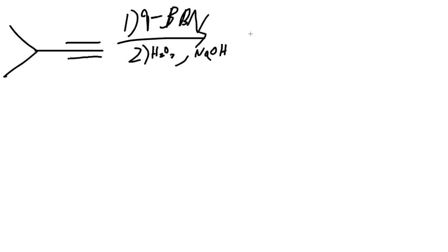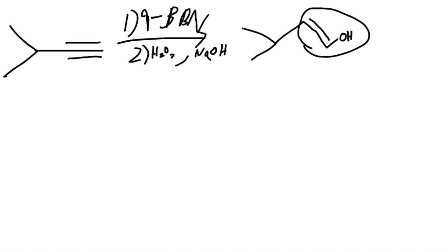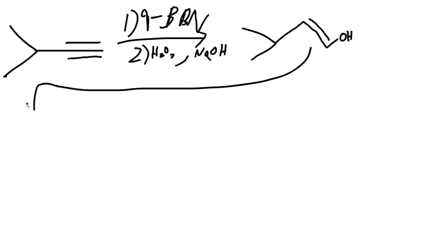From this, we redraw the structure, but have it as an enol. The OH would be on the carbon that has the least amount of substituents, and there's the enol that has been formed. So from this, we would start with the mechanism.